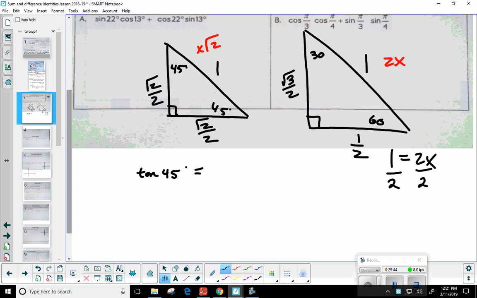What starts with an O? The opposite over, what's the A? The adjacent. So opposite over adjacent. Or you can go ahead and say y over x, right? So let's say we're dealing with this 45 degrees. Well, the y value is the square root of 2 over 2 divided by, what's the x value? Square root of 2 over 2. Well, what's anything divided by itself? 1.